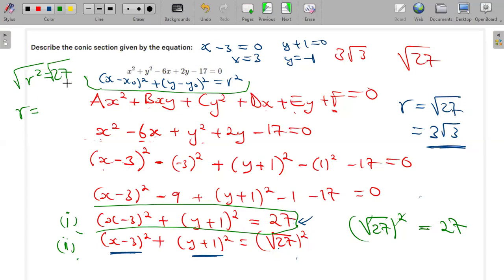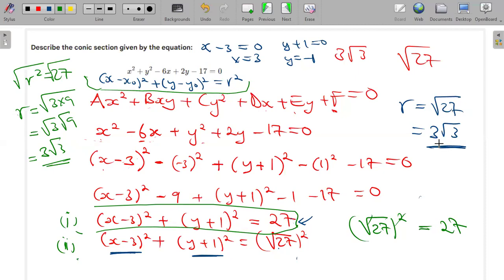The square root of 27: remember, 3 times 9 gives 27, so I can separate them, root of 3 and root of 9. The square root of 9 is 3, so I get 3, and the root 3 remains. So r is equal to 3 root 3. That's where the 3 root 3 is coming from. Root 3 is the radius.